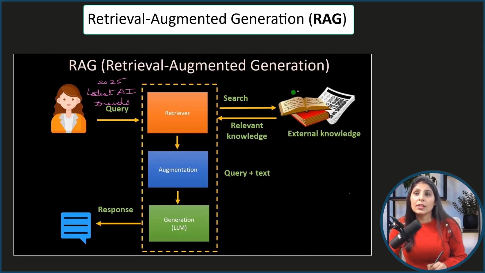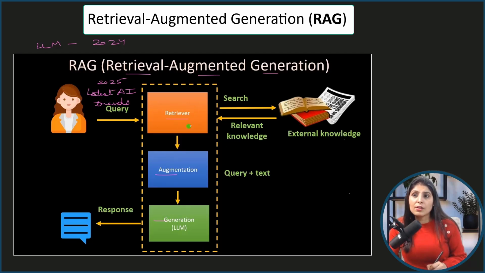Suppose the LLM which you have has information till 2024, but the user asked latest AI trends in 2025. Now in this case, how will RAG help the LLM to get the latest update? RAG means retrieval augmented generation. We have three different tasks: retrieval, augmentation and generation. Let's understand these things one by one.